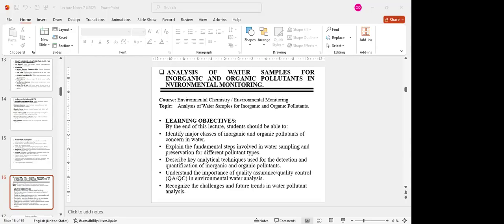Firstly, I would like to ask, how do we ensure that an air sample is truly representative of an area, especially when pollution levels change with time and weather conditions? The second question is on sampling strategy: how do we decide the best sampling frequency and duration?